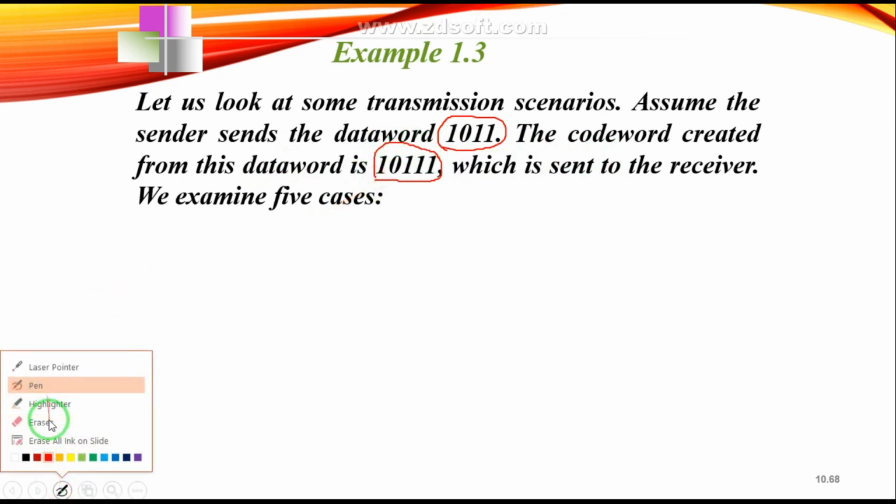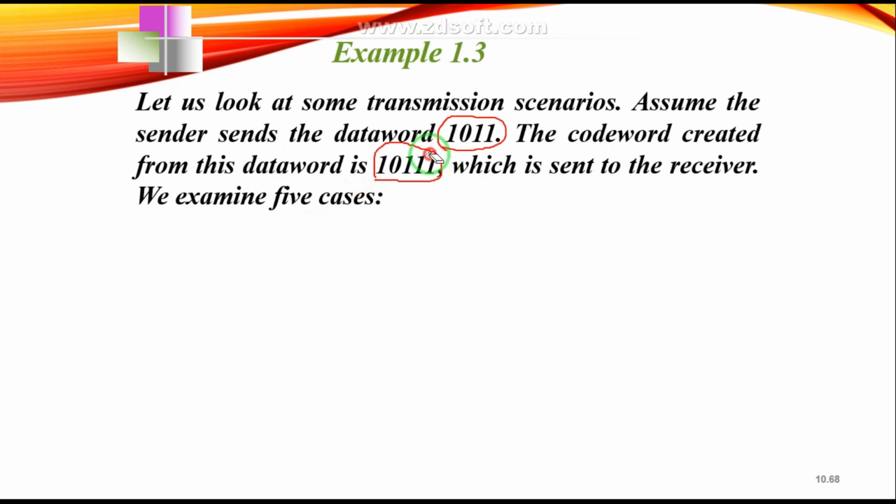The syndrome value is 1. Why is it so? Because in the data word, the number of 1s is odd. In order to make it even, the generator is going to add a parity 1. So the total number of ones in this created code word is even, and it is sent to the receiver.